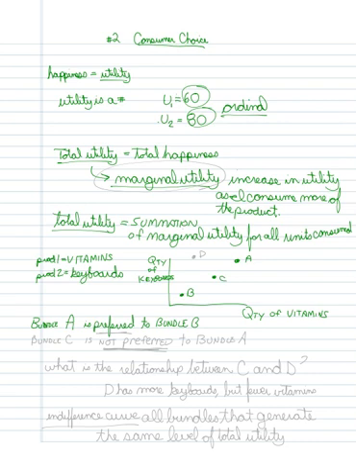Let's throw one in the middle here. That bundle C is not preferred to bundle A. Because it has less of both goods, right?